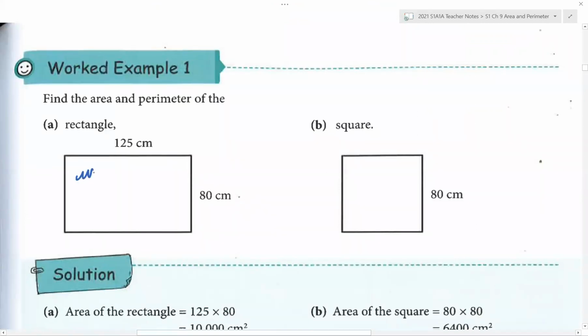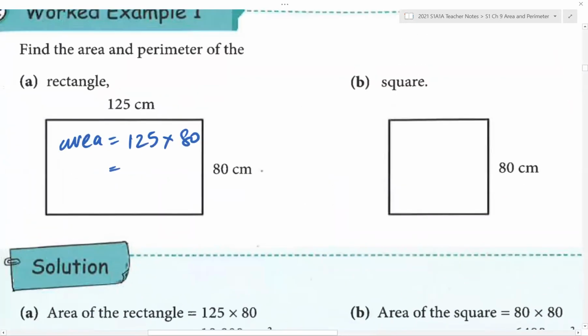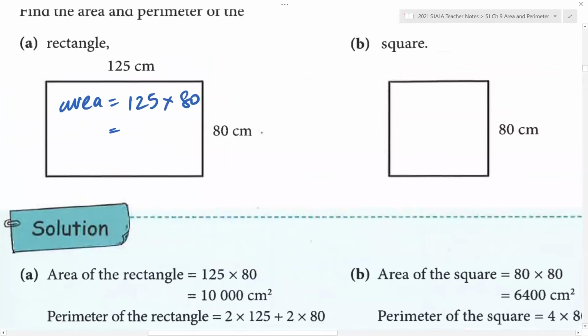So area is just 125 times 80. Get the answer as 10,000. But what are the units? You need to state the units. So 125 times 80, yeah, we get 10,000 as the number, but the unit will be, look, you have cm times cm, right?